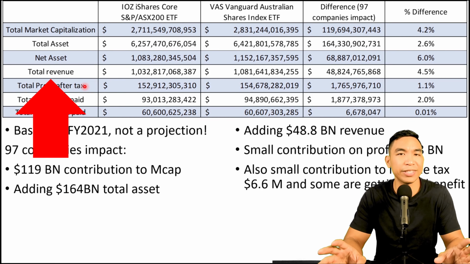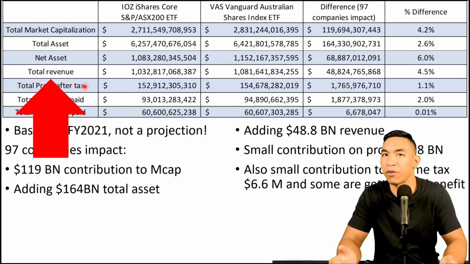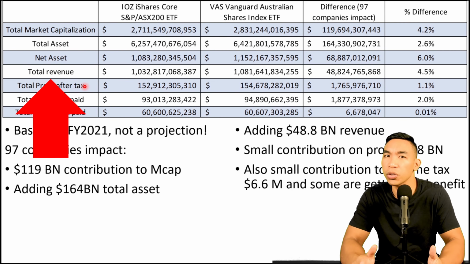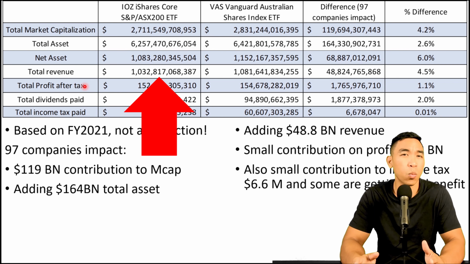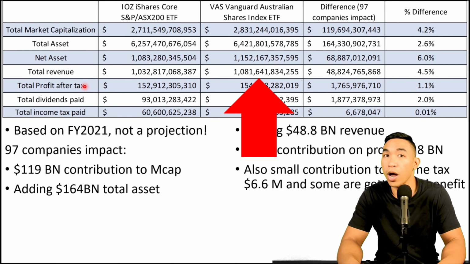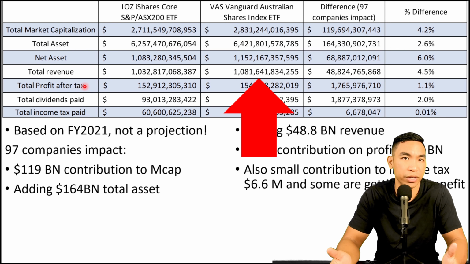Let's skip to the revenue and the net profit after tax. The top 200 companies of the ASX, based on financial year 2021 results, have a total revenue of about $1.03 trillion, whereas the top 300 companies have a revenue of about $1.08 trillion.